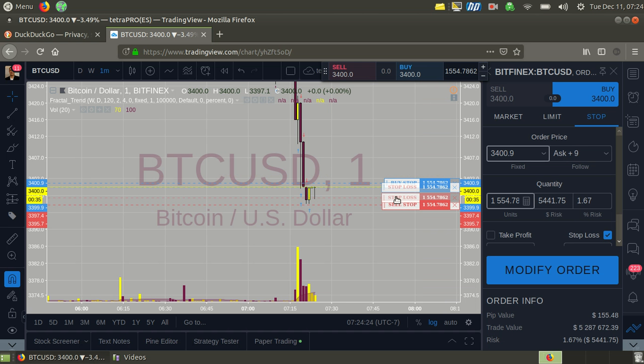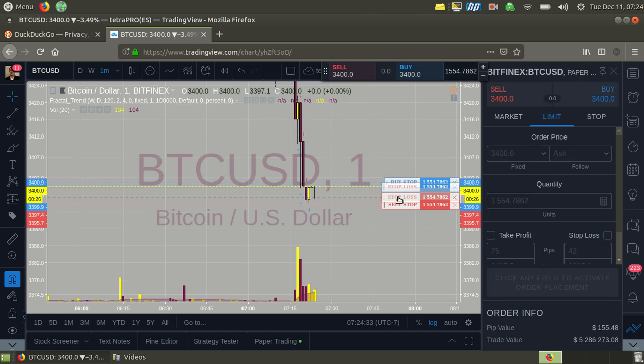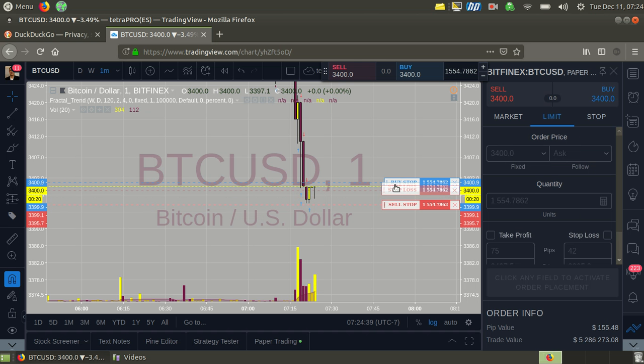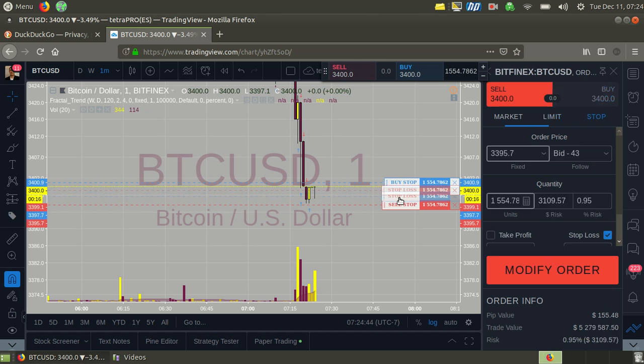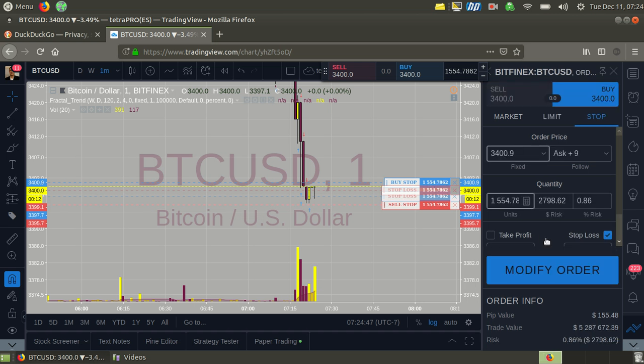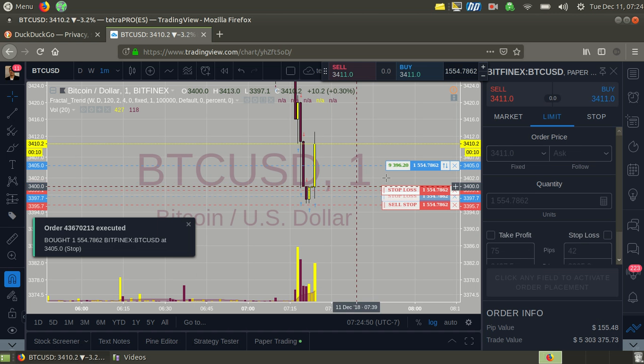Oh, that's because this one. Oh yes. So this stop loss is for that one. And I move that there. And move this stop loss down here. There. Now it's on the table, 0.86. So it moved us.